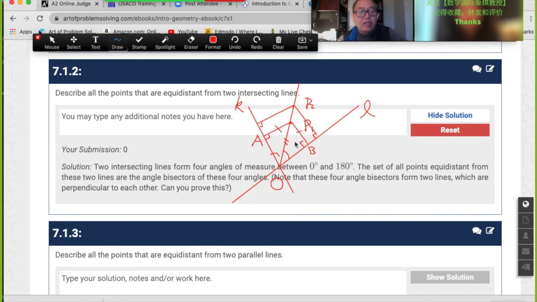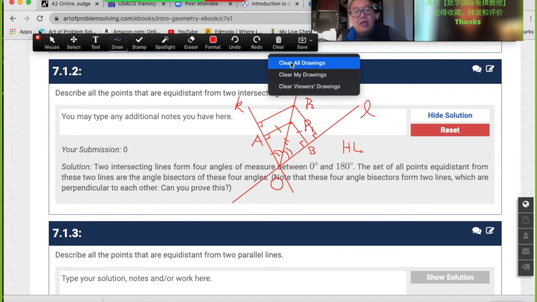And we also know there are two right triangles. So then we use HL to prove these two triangles are congruent. Therefore, this angle will equal this angle. So we proved it, right? So this problem tells you if the points have the same distance to the two sides of intersecting lines, they should be on the angle bisector. Okay.